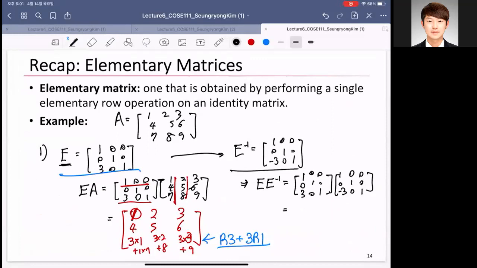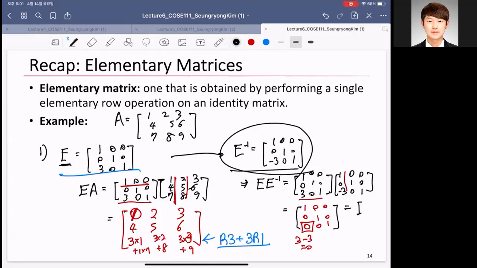Let's do that. By the definition of matrix multiplication, the entries are 0, and in the third row times first column, it's 3 minus 3, so it's going to be 0. In other words, it's going to be the identity matrix. So this is the inverse of the elementary matrix for the replacement case. We will use this property to derive L and U.